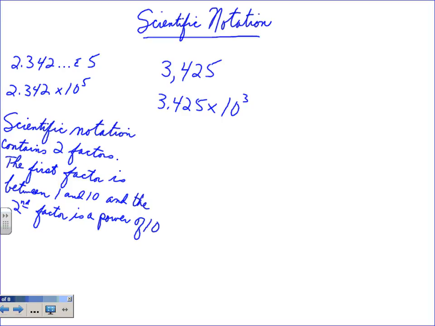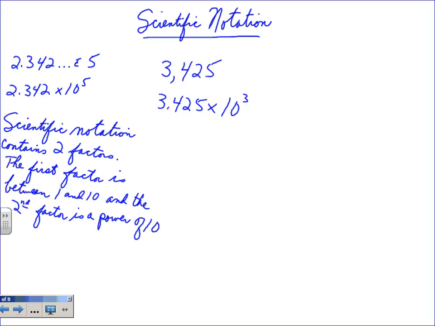And what is 10 to the third power? 10 to the third power is not 30. It's not 10 times 3. It's 10 times 10 times 10, which is 1,000. And so if I multiply 3.425 times 1,000, I get 3,425.